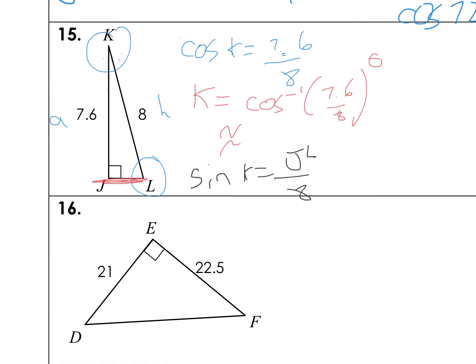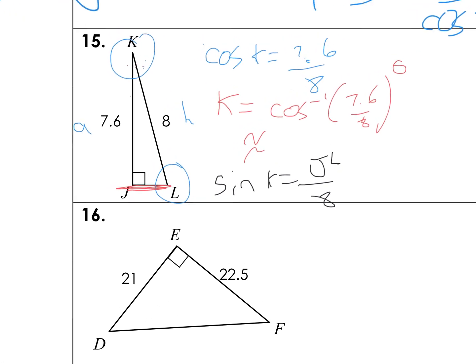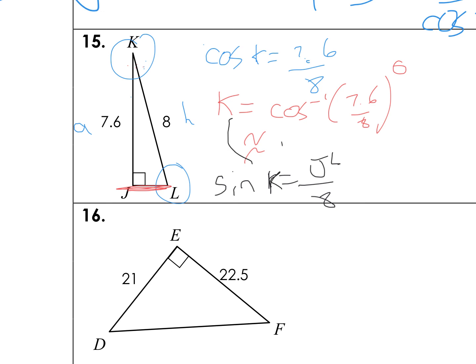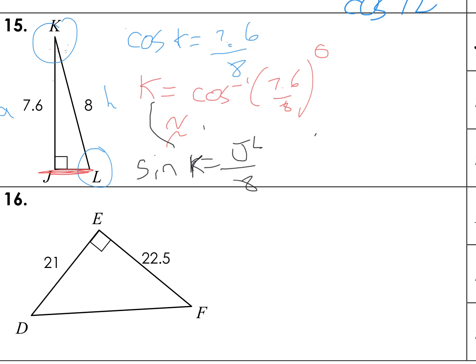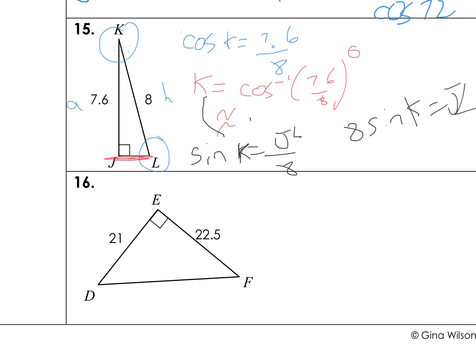Well, we don't know JL, but we know K, because K is coming from here. So that answer would be 8 times the sine of whatever that angle was that you found, and that would be JL. So now I found JL and I found the angle K.